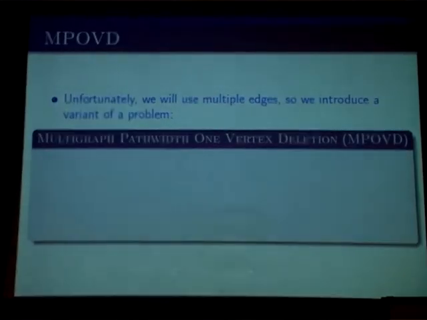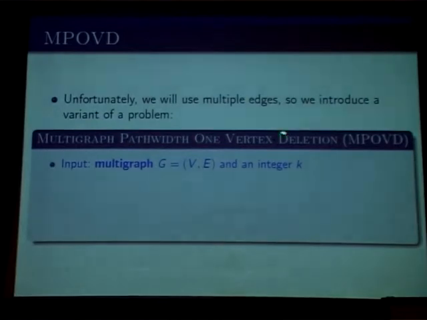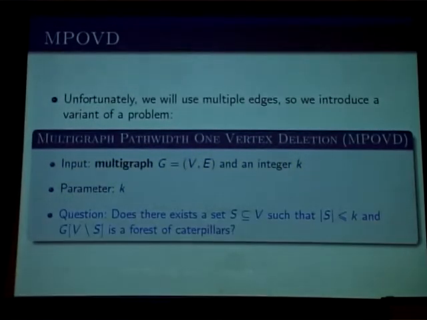Okay, unfortunately, we will use some annotations to the edges. Namely, we will introduce a multigraph version of the problem. In this problem, you are given not a simple graph but a multigraph and an integer k, which is a parameter. And you would like to say whether you can remove at most k vertices in order to get to a forest of caterpillars.